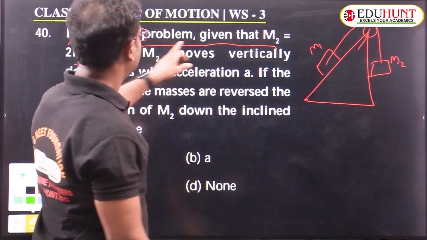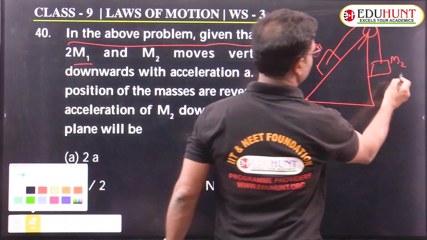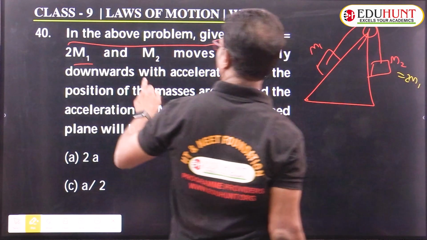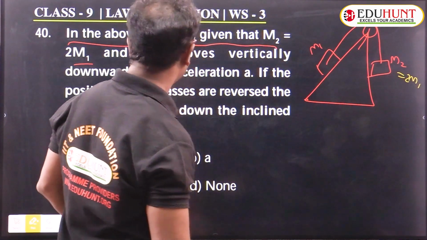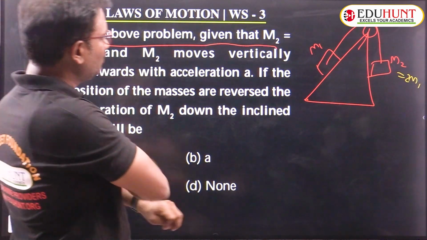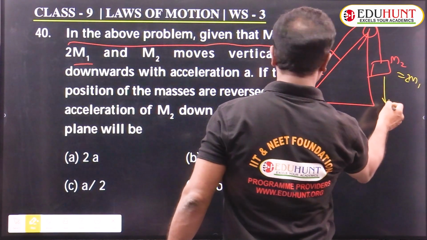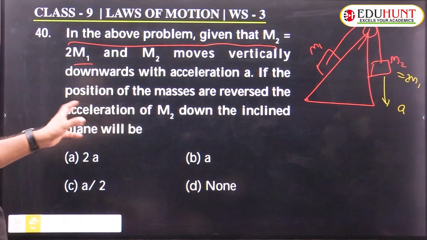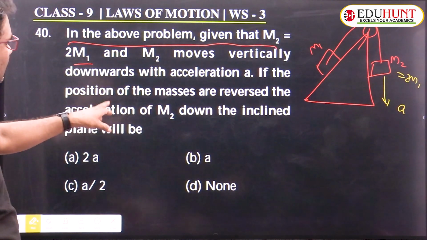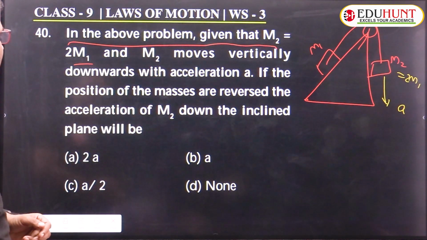Now he is saying that M2 is equal to 2M1, and M2 moves vertically downwards with an acceleration A. If the positions of the masses are reversed, the acceleration of M2 down the inclined plane will be, he is asking.